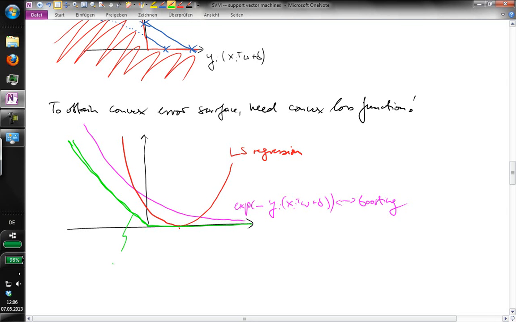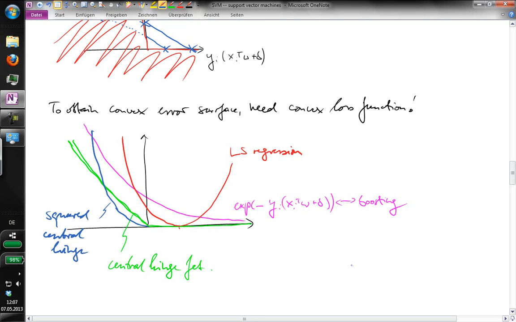This is now already very close to the support vector machine. This is called a central hinge. But we could also take the square of the central hinge function, so this would be a squared central hinge. All of these are possible convex choices.